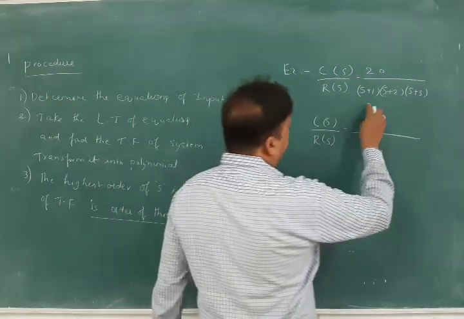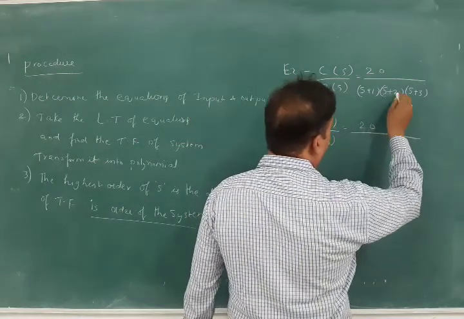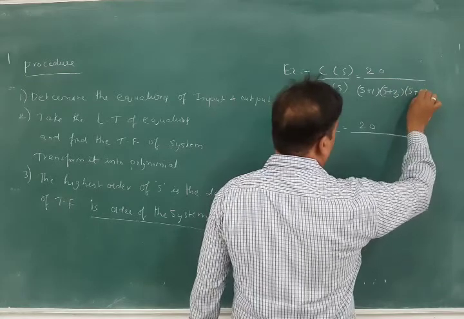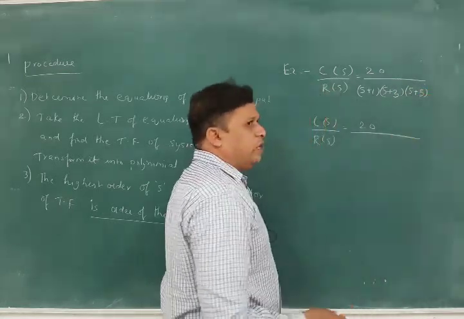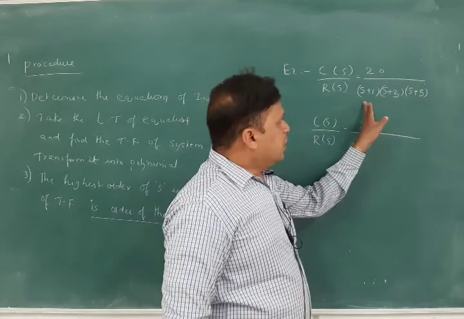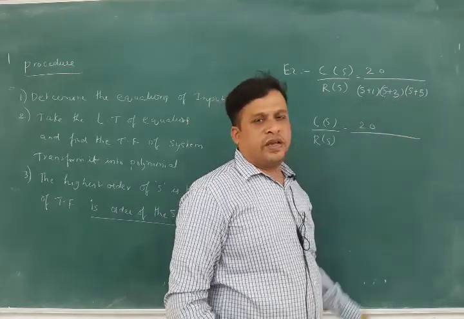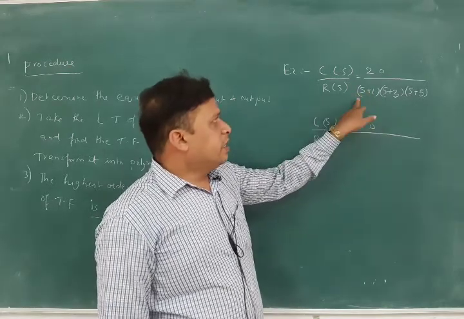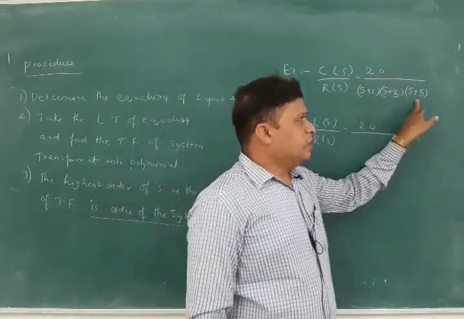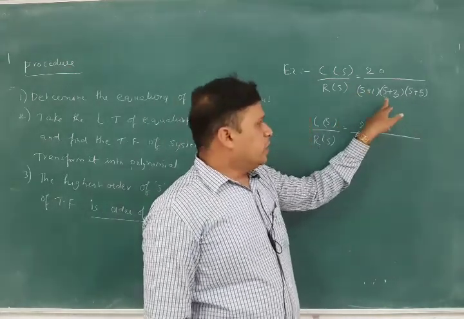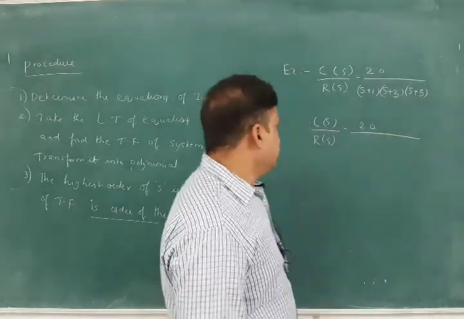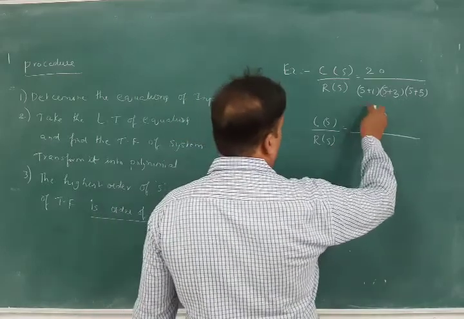We can write S plus 1 into S plus 2, and then S plus 3. Not only 1, 2, 3, you can write S plus 1 into S plus 3 into S plus 5, or S plus 1 into S plus 4 into S plus 7. Any such equation can be written in any order. So we will write S plus 1 into S plus 3.